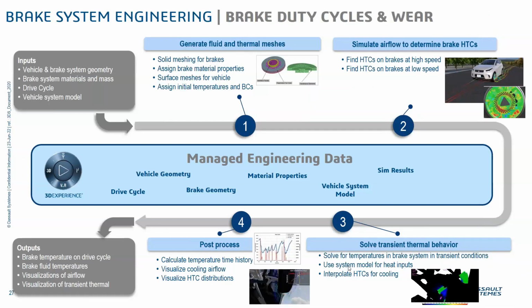This is one more example of a brake duty cycle, where through our CFD solver the complete vehicle is integrated along with the brake system, and the heating and cooling plots of the brakes at different speeds are taken, and the same has been transferred to a transient solver for thermal behavior and has been post-processed.